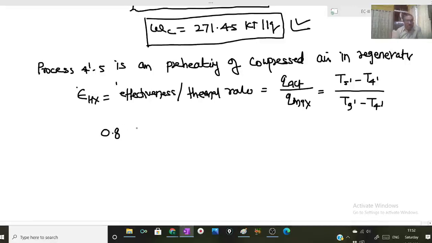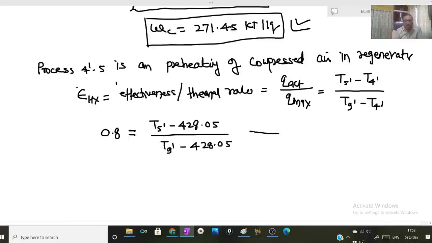Then T5 dash is not known to me. It is an unknown temperature so far. T4 dash is 428.05. T9 dash is also not known to me. Here two temperatures are unknown, T5 dash and T9 dash. So unless one of the temperatures is known to me, I cannot calculate the other. So let us assume this as equation 2.